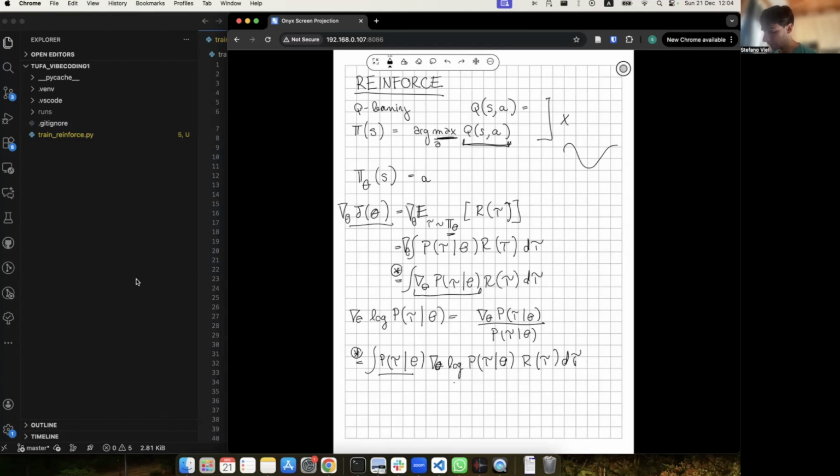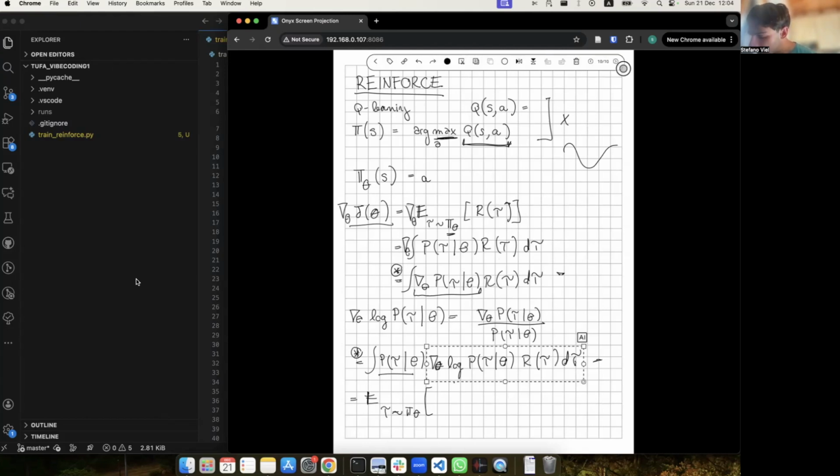Now, this one and this are exactly equivalent. But the cool thing is that this is a probability distribution, and this is an expected value. It's the mean over the probability distribution. So we can rewrite it as the expected value of all of these.